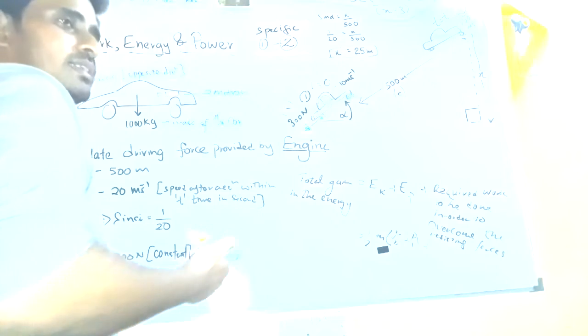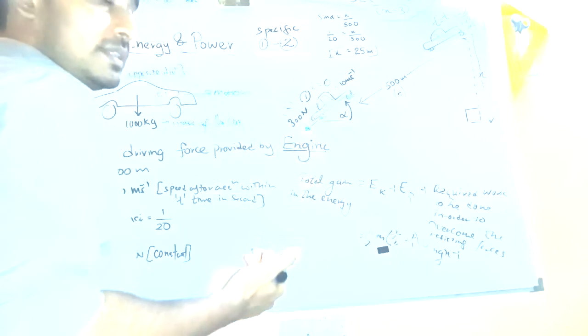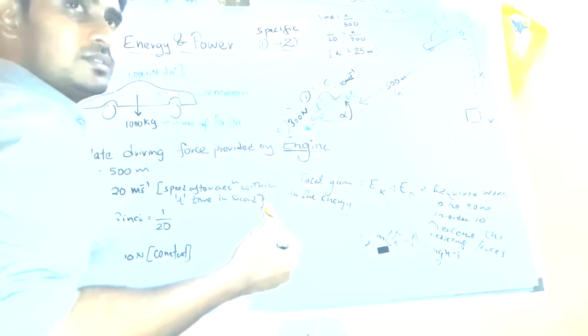So what is the gain in potential energy? mgx, right, plus what is the required work to be done in order to overcome the resisting force? So now here this resisting force is a value, 300 Newton. So let's say the resisting force is Fr. So then what is the required work to be done in order to overcome that?